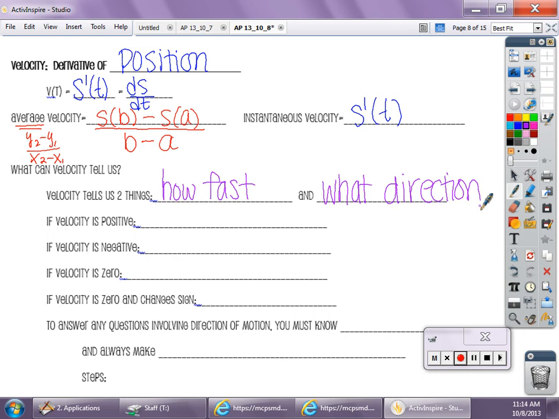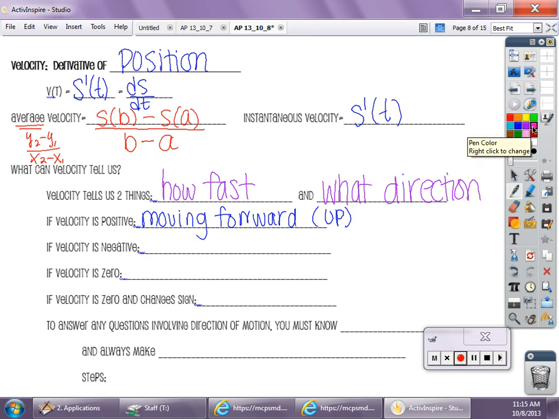So, given that information, feel like you'll be able to go through this with me. If your velocity is positive, I'm moving at positive 20 miles per hour. What it tells you is not only how fast you're going, but what direction you're going. And what direction am I going? I am moving forward. If we're talking about up and down, then you're moving up.